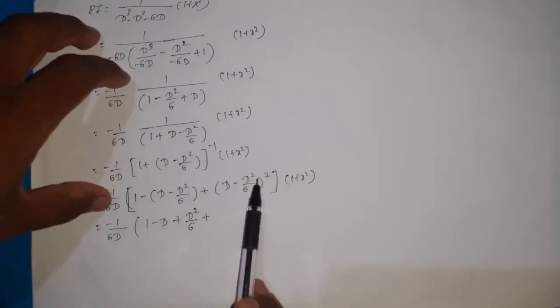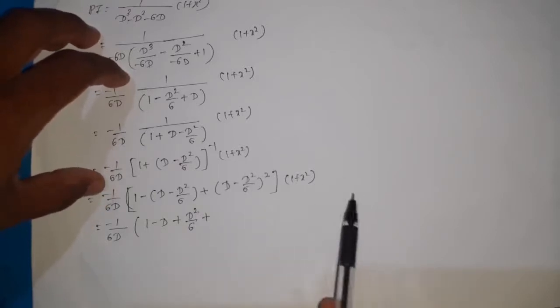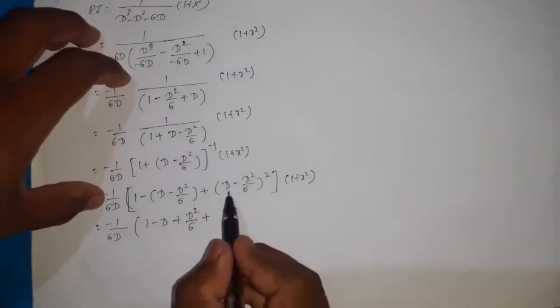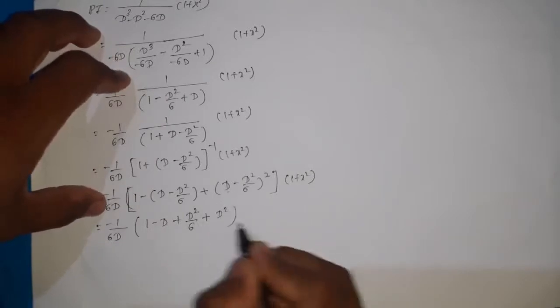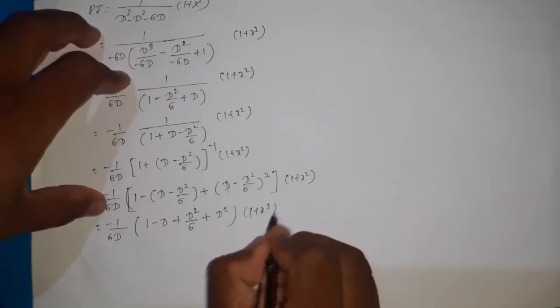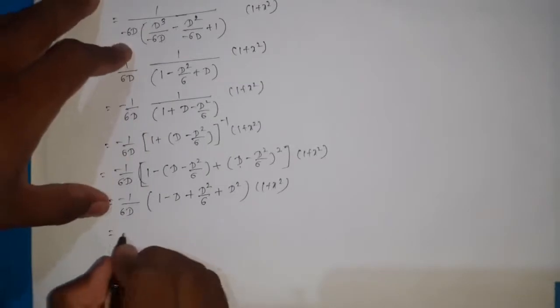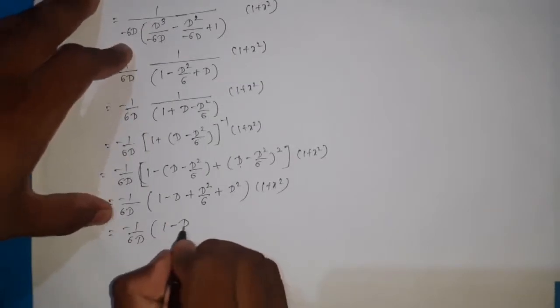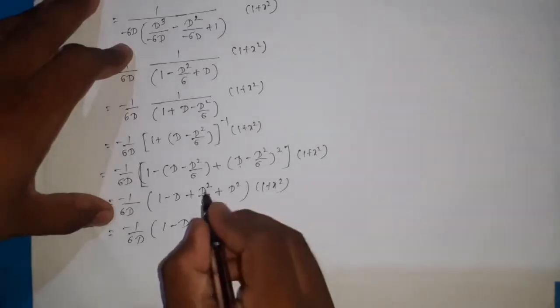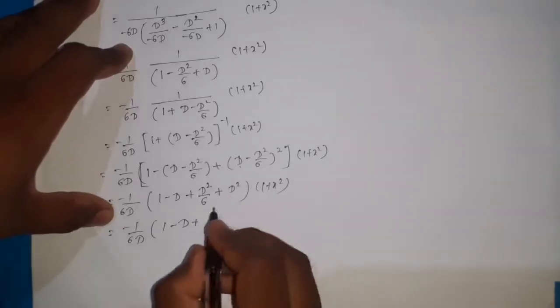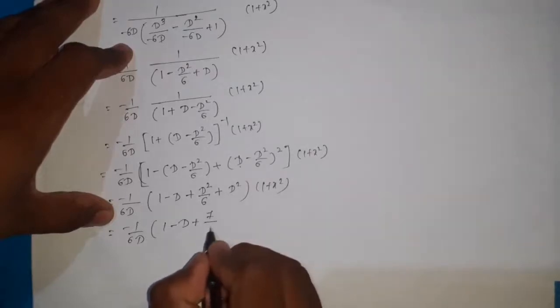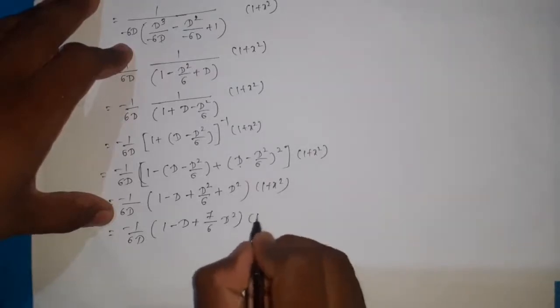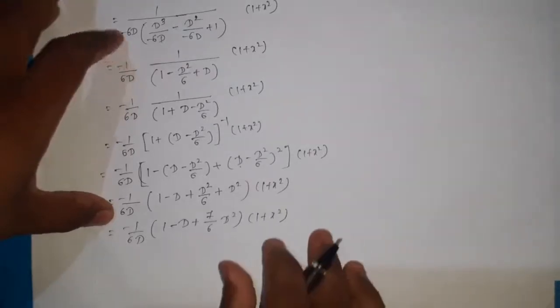Here b square means D power 4, and 2ab, that will be D cube, so only D square remains, into 1 plus x square. So minus 1 by 6D, 1 minus D plus 1 by 6 D square plus D square, that becomes 7 by 6 D square, 1 plus x square.